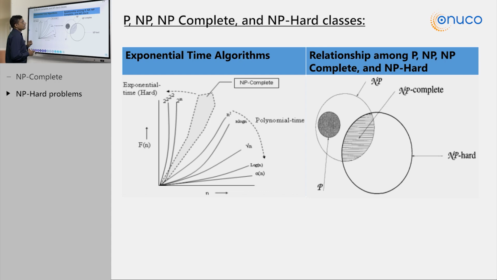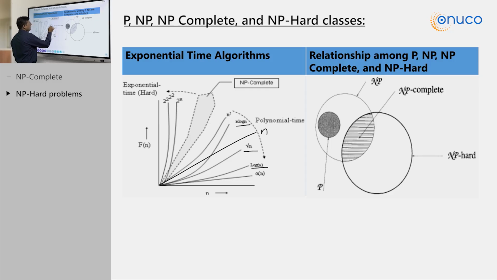Let us see, we have seen many scenarios of time complexity. We have linear complexity, constant, n square, n cube, and so on. Here we have log n complexity, square root of n complexity. If we take a direct straight line, it is n complexity.